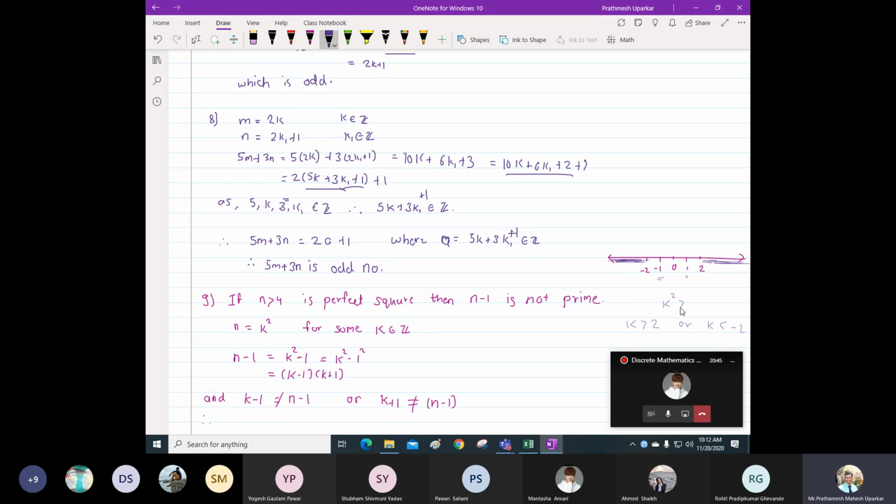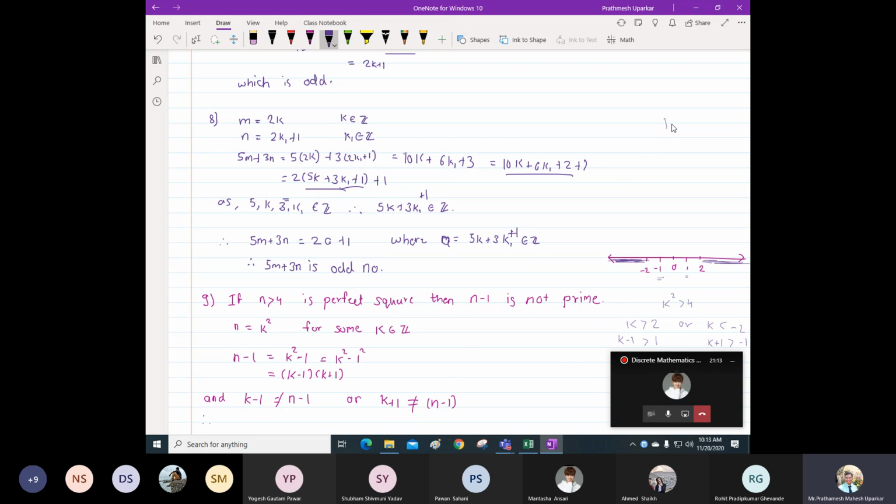So what is the meaning of k square greater than 4? k is either strictly greater than 2 on the positive side, or k is strictly less than -2. So we get, in this case k minus 1 is strictly greater than 1, and in this case k plus 1 is strictly greater than -1. So none of the integers. What is a prime number?